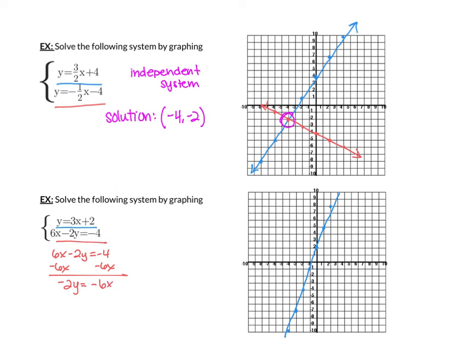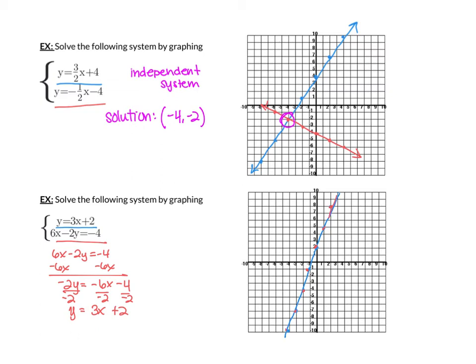So I'm going to write -6x minus 4. And then I'm going to divide everything by -2. So we get y equals 3x plus 2. Well, y equals 3x plus 2 is literally what I just graphed.